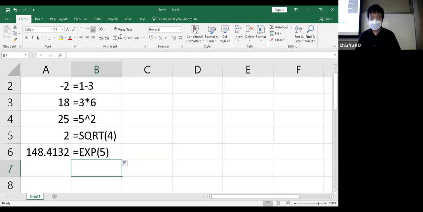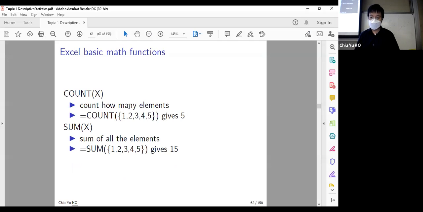Now, still very trivial, we are trying to work with data. The first thing is the count of them. This is data, and then we want to add them. The division of these two will give you the mean. For Excel, to input the data, you have to put a bracket: you put COUNT and a bracket.